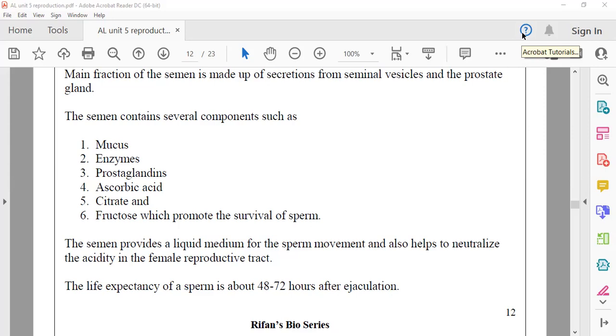Correct? So, this alkaline component is neutralizing the acidity of the female reproductive tract. Then there is no harm to the sperms. Understood?